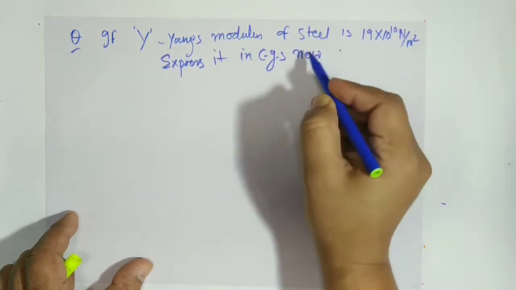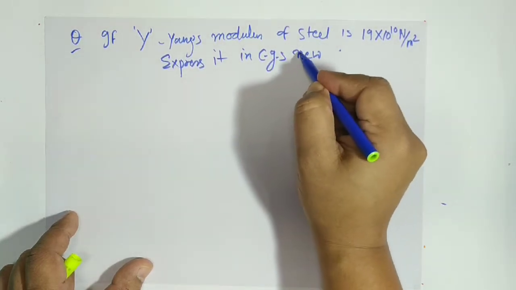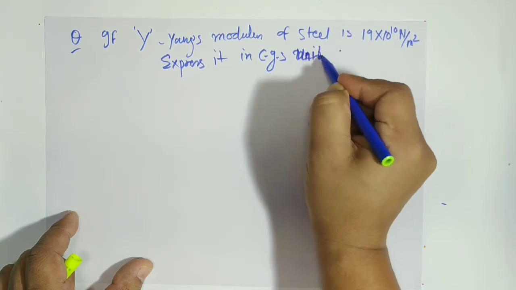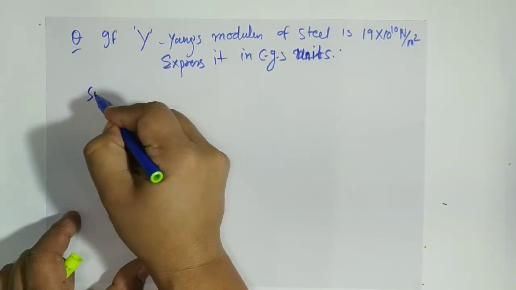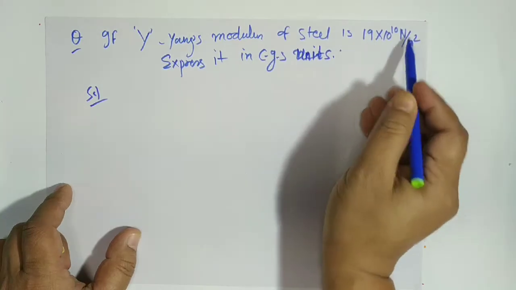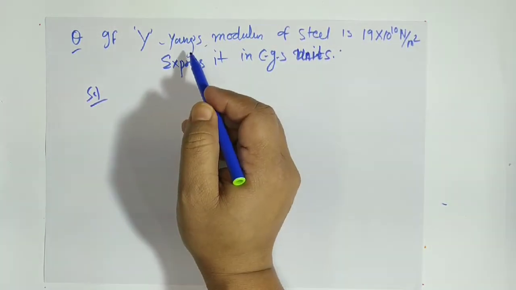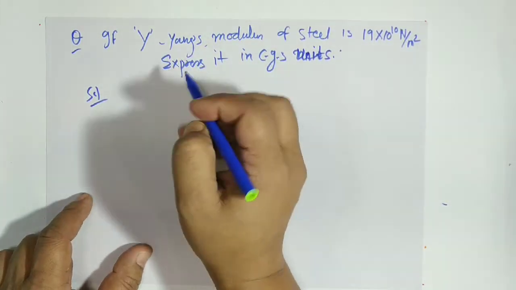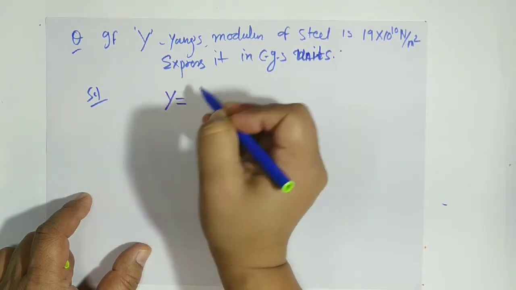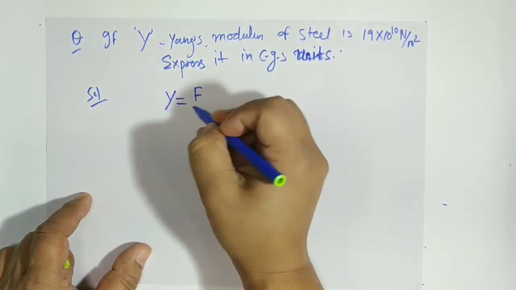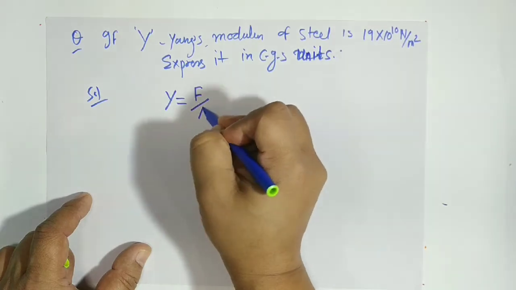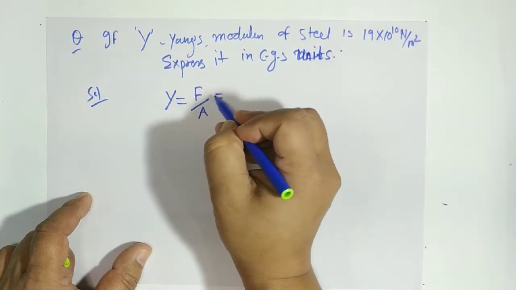How are you going to do it? We know Newton per meter square, Young's modulus, is a force per unit area. That's a pressure. That means Young's modulus is stress upon strain.